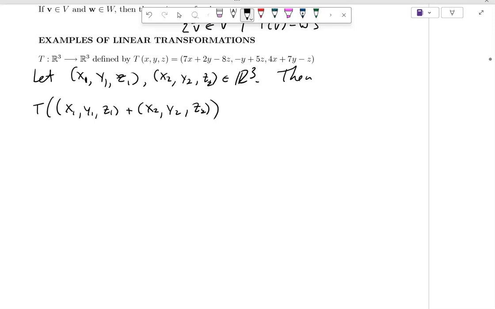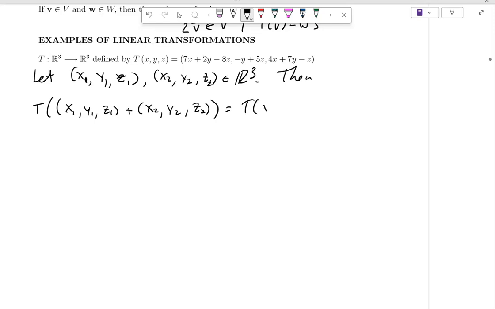If I want to do the transformation applied to the sum, what do I need to do first? Do I do the transformation or do I do the addition first, the way it's written? The addition, right?